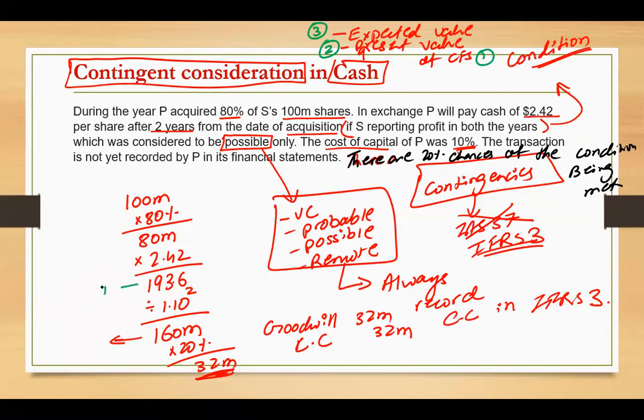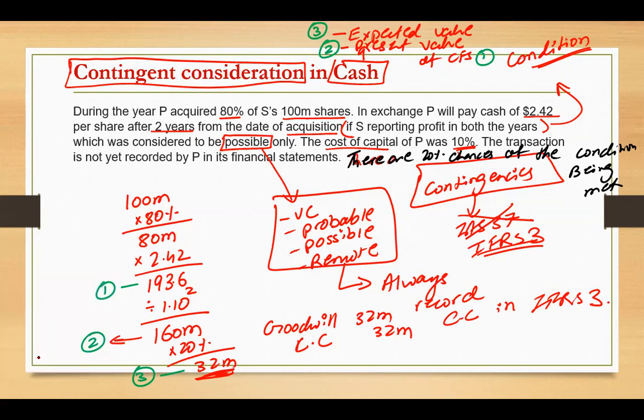So this was the cash flow, this was the present value, and this is the expected value, and we are going to make the entry by the expected value in actual. So all these three impacts should be taken.